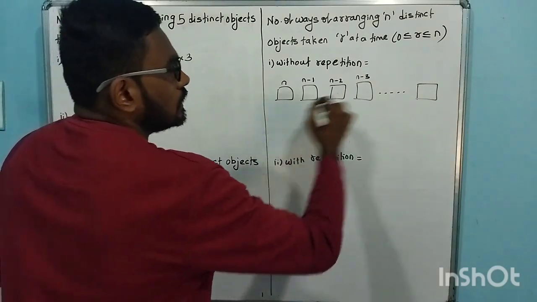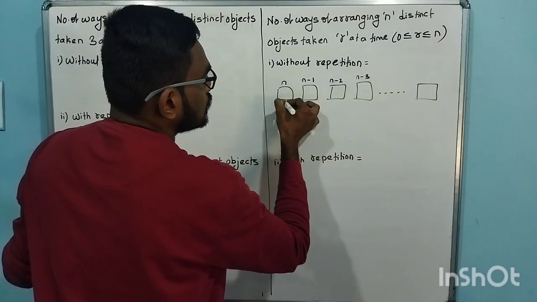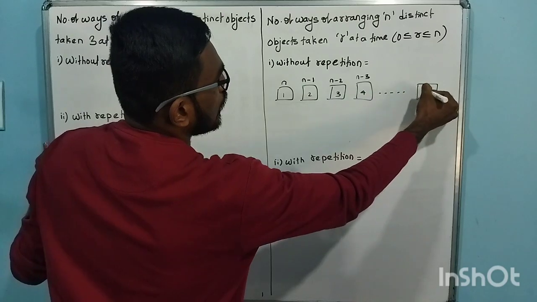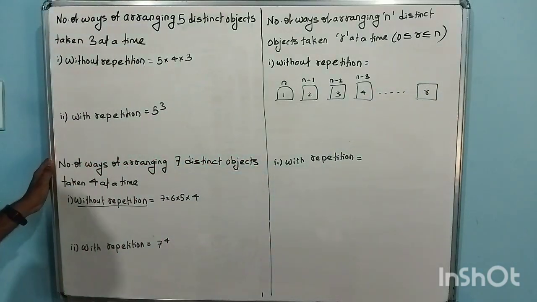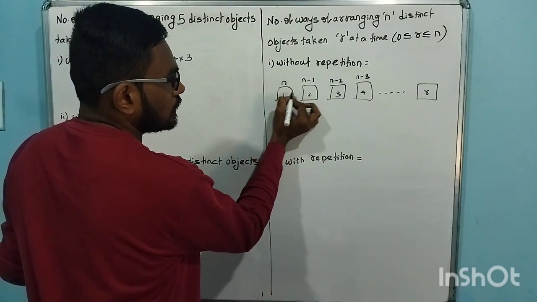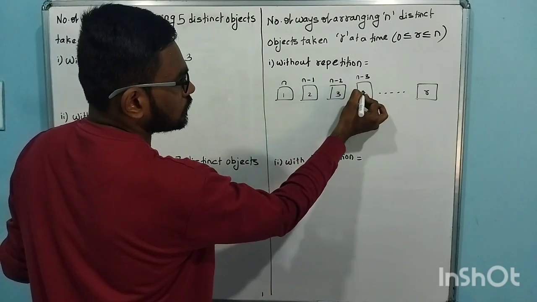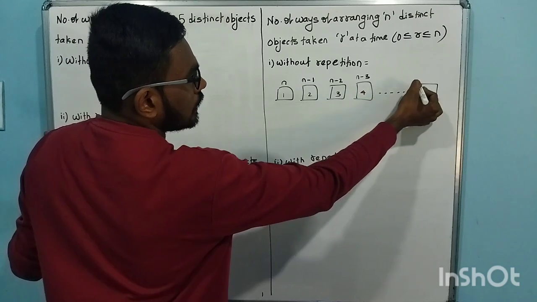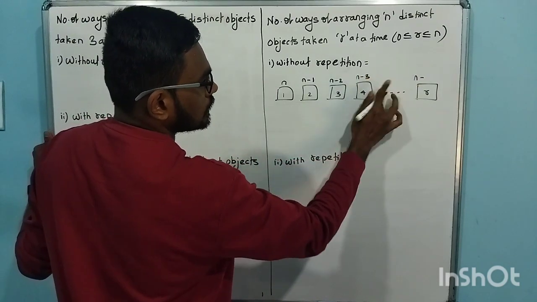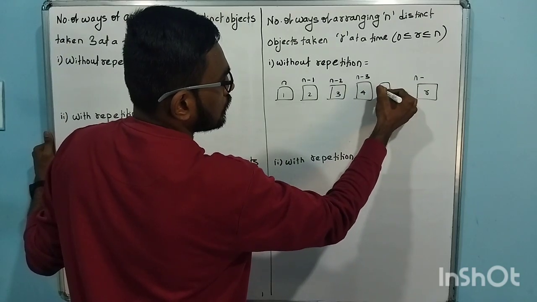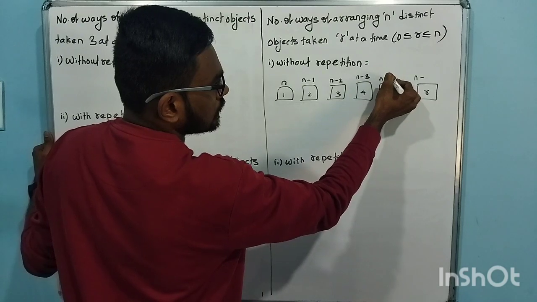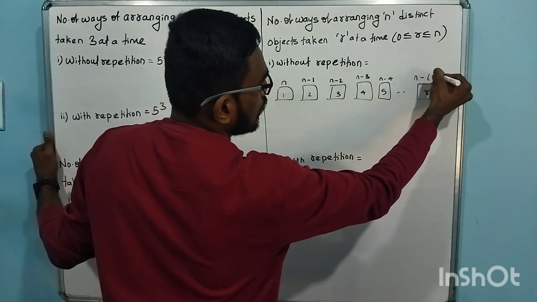In general, this is first place, second place, third place, fourth place, and this is rth place. How many choices do I have for that rth place? For first n, second n minus 1, third n minus 2, fourth n minus 3. So rth will be what? Always 1 less: fifth will be n minus 4, so rth is n minus (r minus 1).